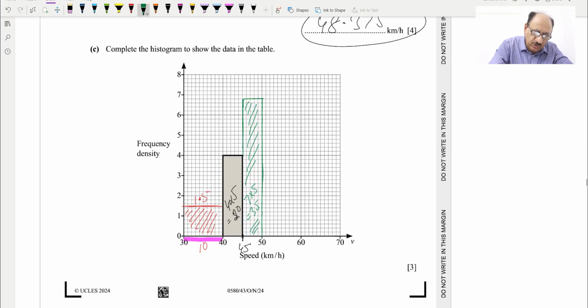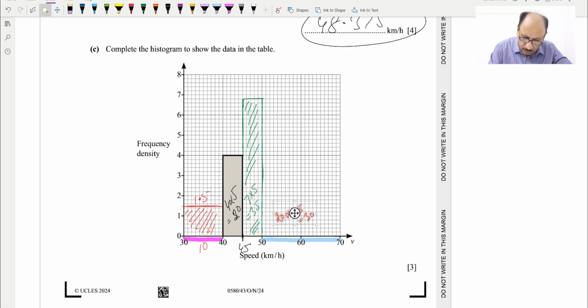So 50 to 70, this length is 20. So 20 multiplied by 1.5 will be equal to 30. So we need 1.5. 1.5 is required.